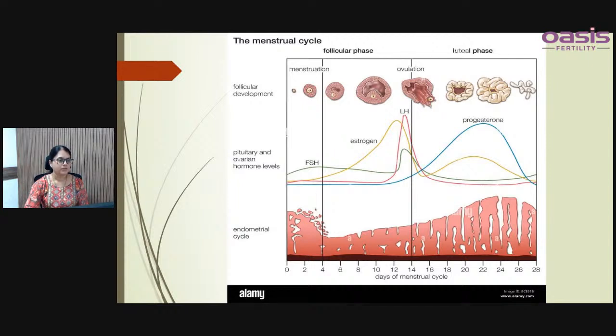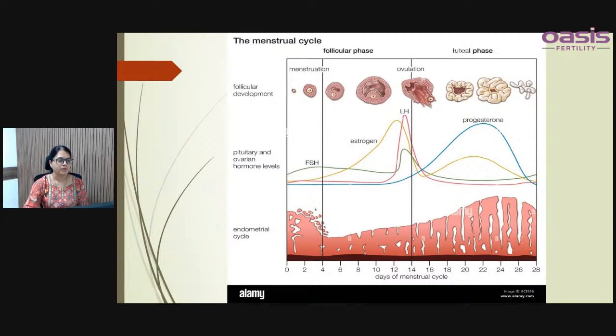So let us understand the menstrual cycle. The menstrual cycle contains two phases. First is the follicular phase, which lasts from day 0 of the menstrual cycle to ovulation, that is day 14. During this period, follicle stimulating hormone, FSH, is secreted from the pituitary and acts on the ovary to form the follicle, and the follicle starts growing in size.